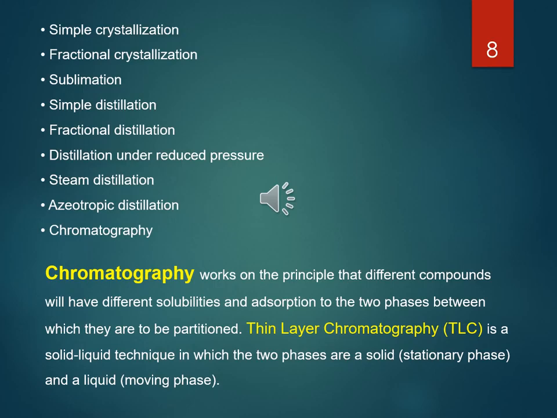So TLC is the single technique used for the purification and confirmation of organic compounds. As you know, if we have a single component on the TLC card, it means the compound has been purified. So thin layer chromatography is a technique used routinely for the confirmation and purification of organic molecules.